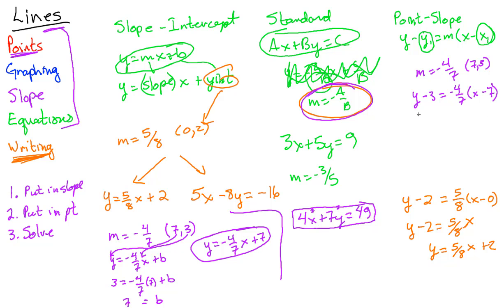Oh, can we simplify this down? Sure we can. y - 3 = -4/7 x + 4. And add 3 to both sides, and we get y = -4/7 x + 7. And notice we get the same thing.